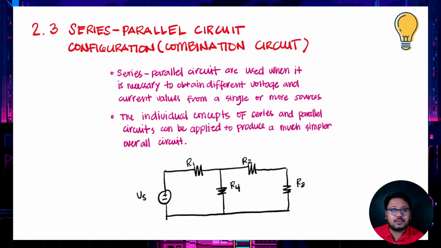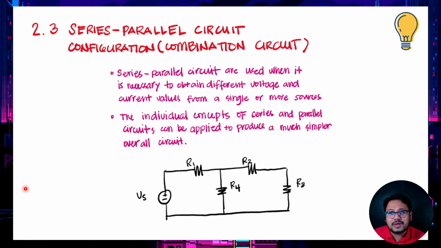When analyzing combination circuits, the individual laws of series and parallel circuits can still be applied to produce a much simpler overall circuit. As you can see here in our illustration, you have your voltage supply and then several resistances: R1, R2, R3, and R4. For us to analyze this better, we will still be using the idea of series and parallel circuits individually.